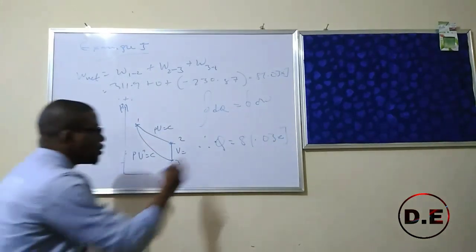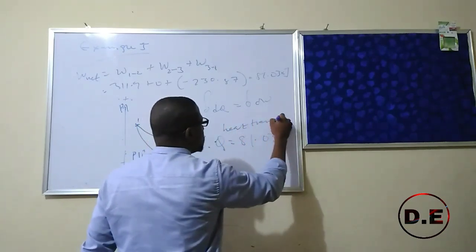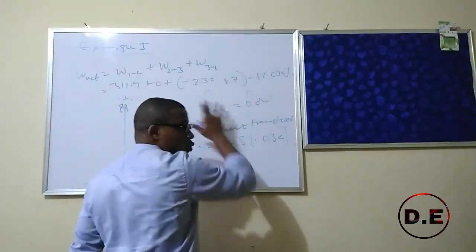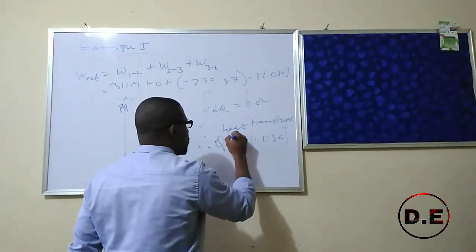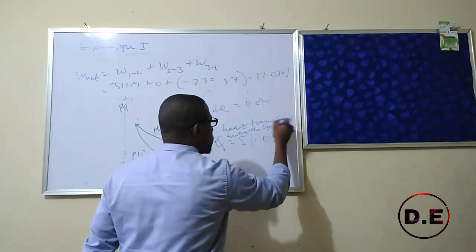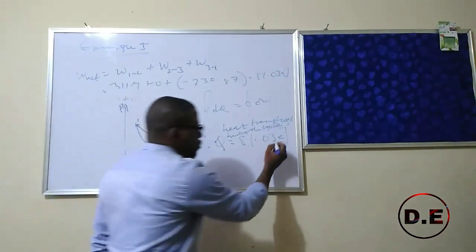Okay, so this is the heat transferred during the cycle. This is the cyclic integral for the whole cycle. So heat transferred during the cycle is in kilojoules, small k.